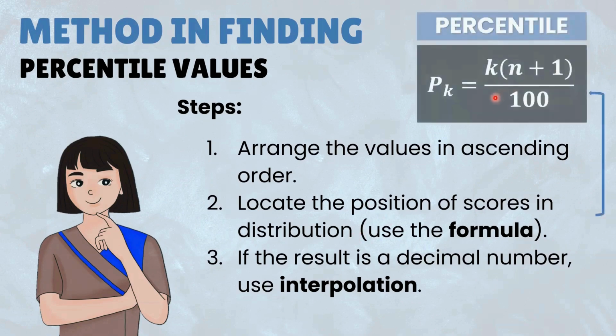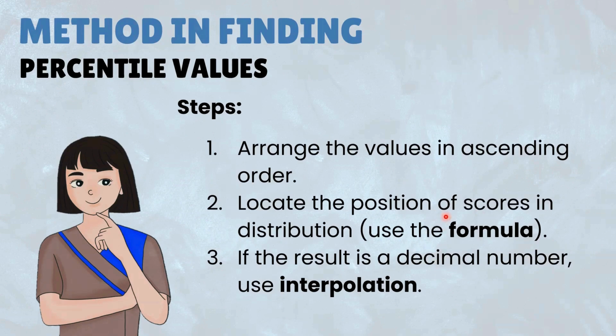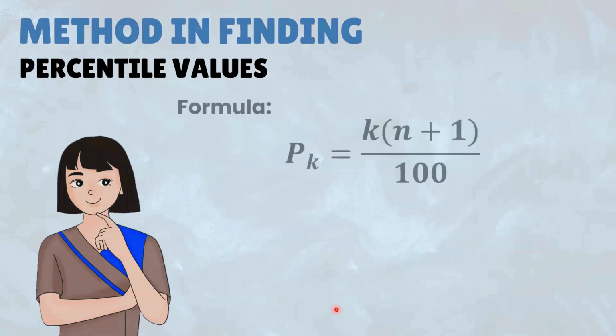So this is our formula for the percentiles. And if our answer in step 2 is a whole number, no need to proceed to step 3. But if our answer in step 2 is a decimal number, we proceed to step 3, which is interpolation.